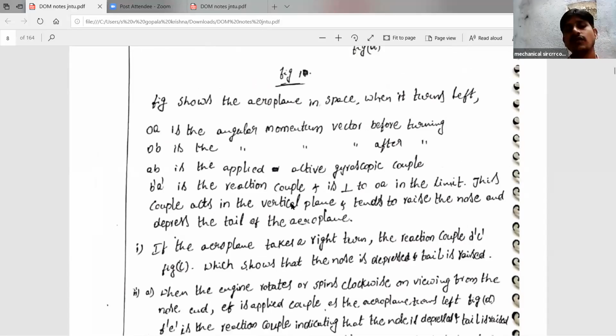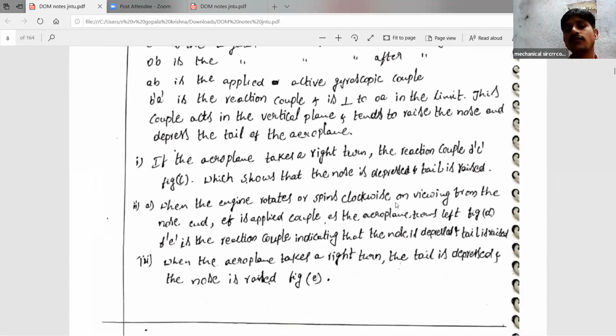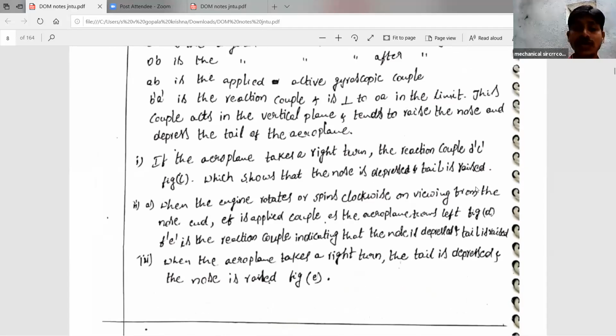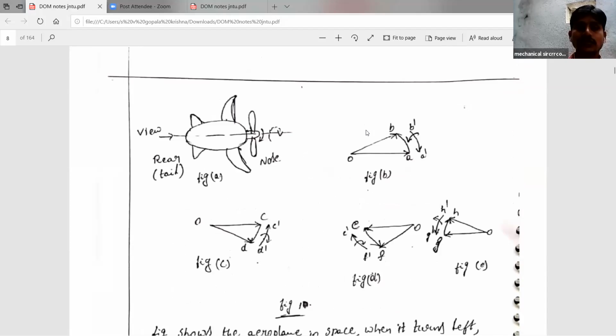The third condition is when the engine rotates clockwise when viewed from the nose end. Now the viewing direction is from the nose side. When the direction of rotation is clockwise and viewed from the nose end, then the plane will take a left turn.